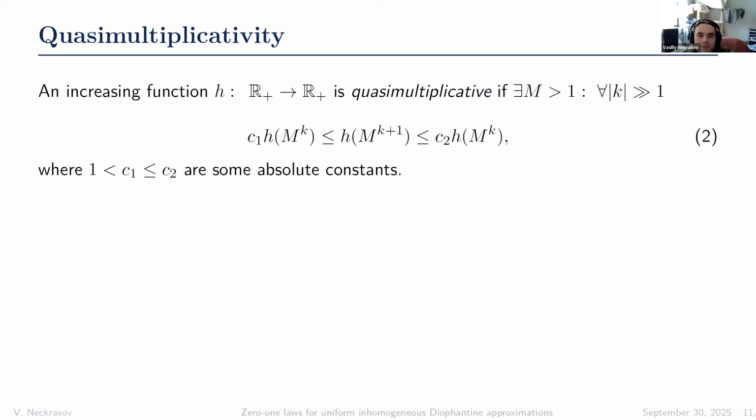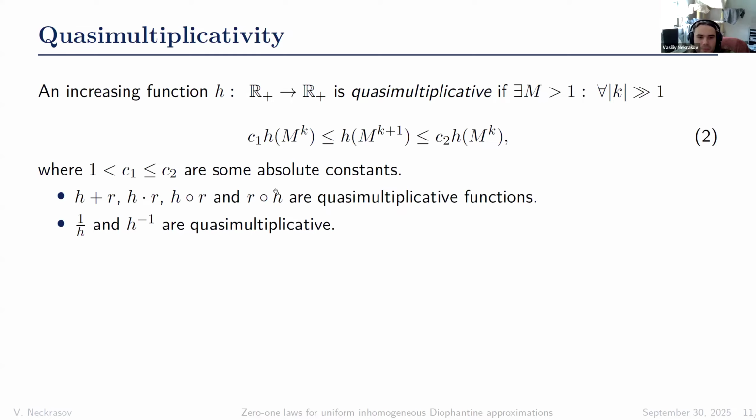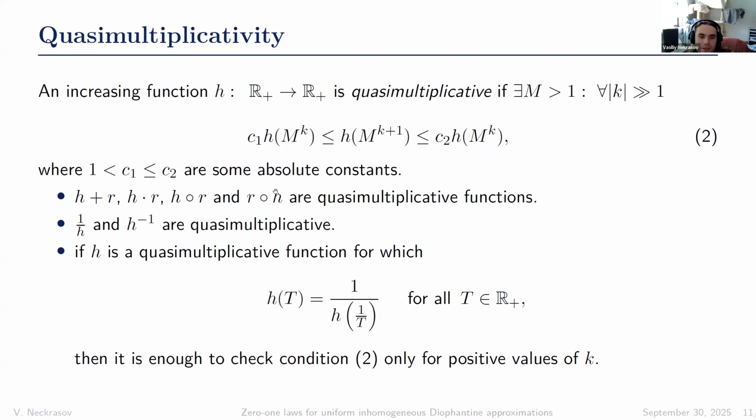We still can allow this function to behave arbitrarily on some short intervals, but for a long time, the polynomials will be actually t to the power logarithm of c1 and t to the power logarithm of c2. So it cannot increase too fast and it cannot decrease too fast, at least for a long time. Here are some properties of quasi-multiplicative functions, which I will not list, but they are pretty natural.